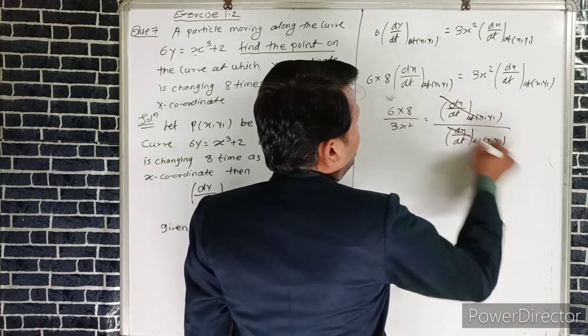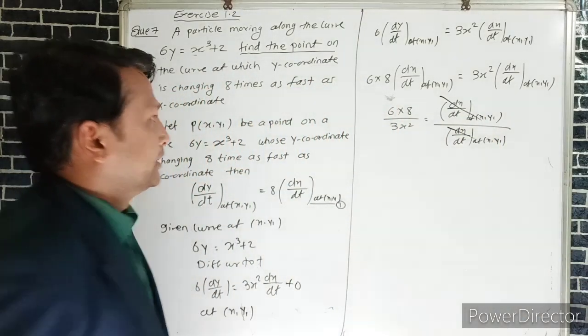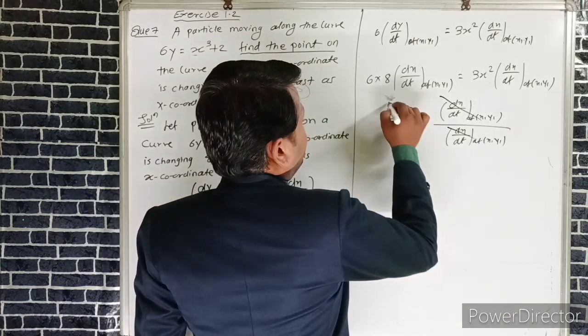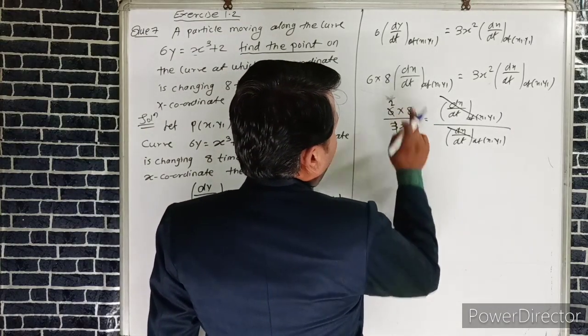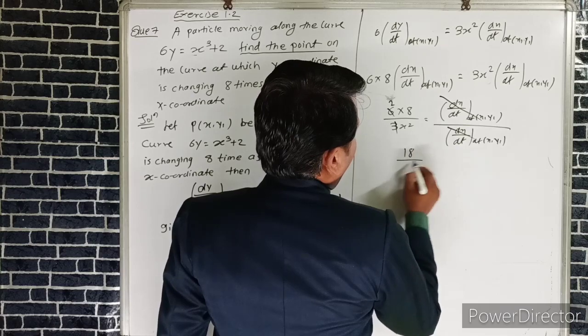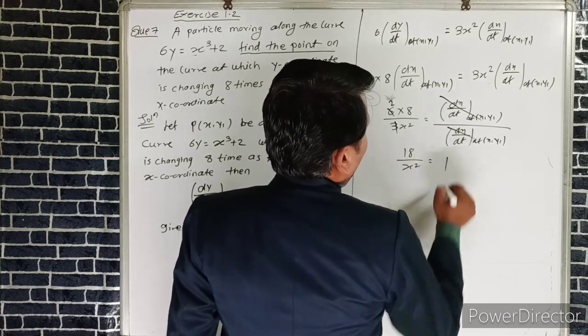The numerator and denominator are equal, hence they cancel. 3 into 1, 6 into 2. We can write 2 into 8 upon x square equals 1.